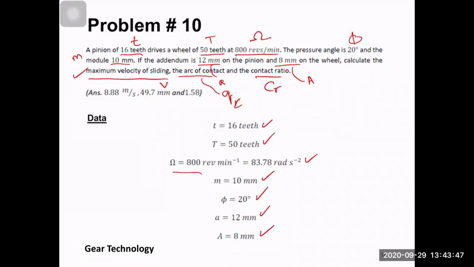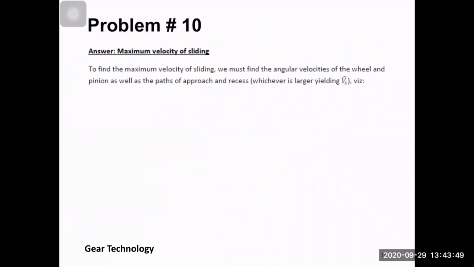If you remember, we're going to go through some of those figures with the triangles, the red one and the blue one, etc. To find the maximum velocity, we need to find both small omega and capital omega, and we need to find the value PC, if you remember. This is the equation that you need to use to find the maximum sliding velocity.